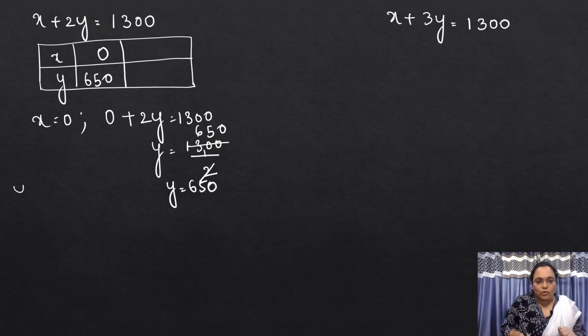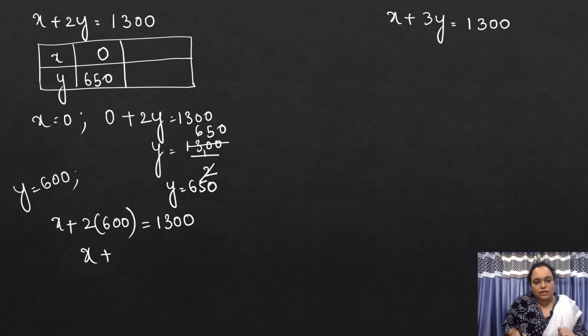If we can get a smaller number, if you take y is equals to 600, that will be x plus 2 of 600 is equals to 1300. That is x plus 1200 is equals to 1300.